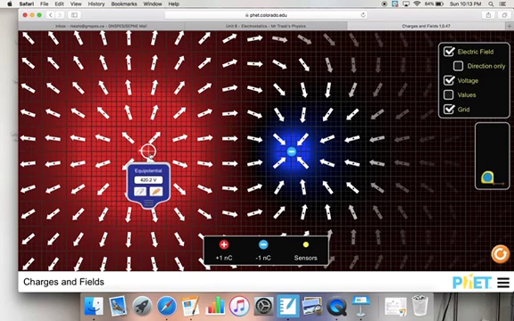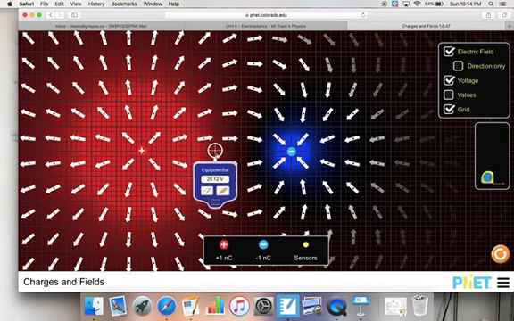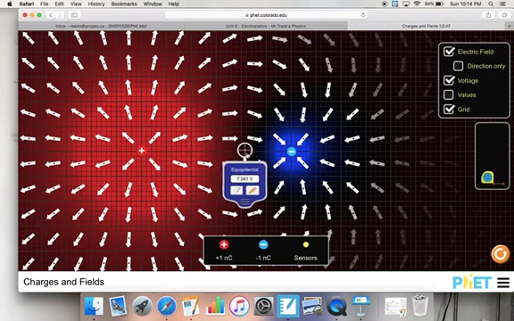Going across here, we see that the potential is very, very positive on this side, and as we move closer to the negative, it becomes less positive, until we get to a value that is 0 and then switches over to negative. We can see clearly here that it's more than halfway.